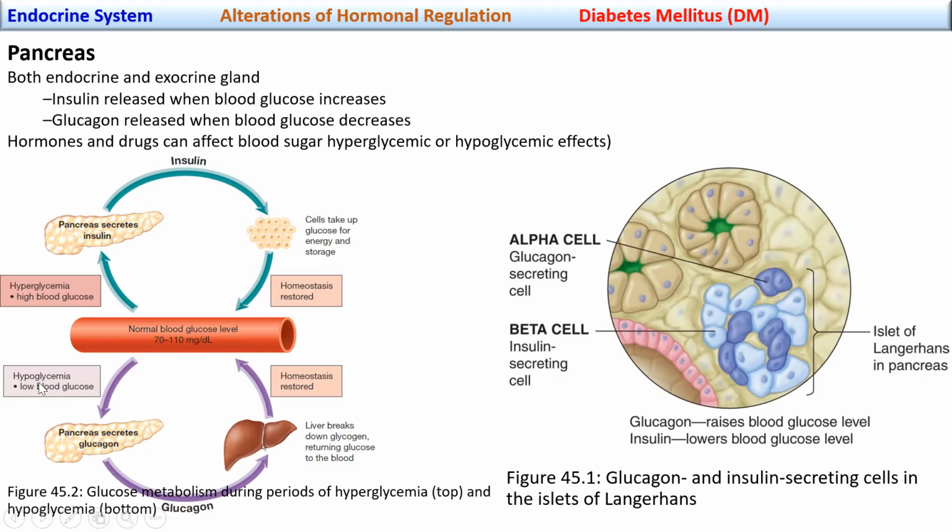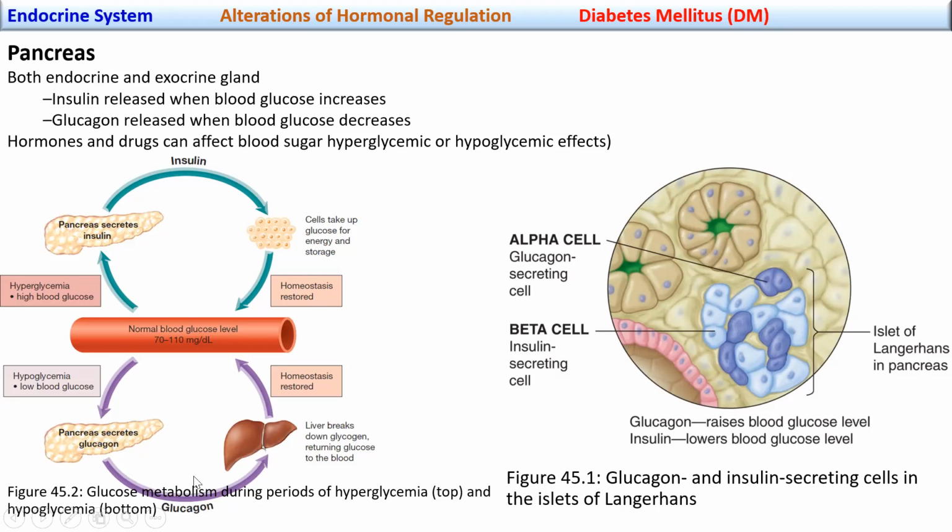The opposite is hypoglycemia, a low blood glucose level. Then the pancreas will secrete the glucagon hormone, which affects the liver to break down glycogen, because the liver has lots of glycogen storage molecules stored in case of hypoglycemia.